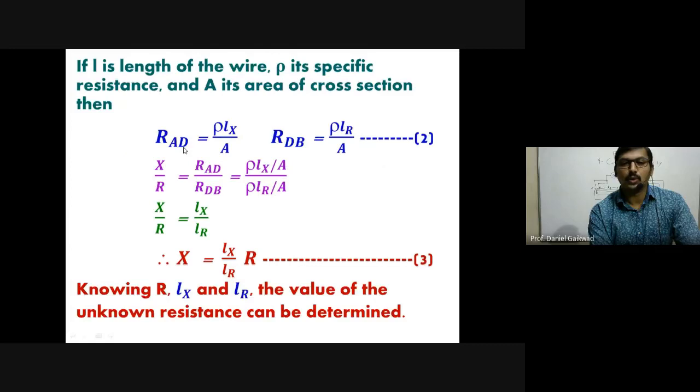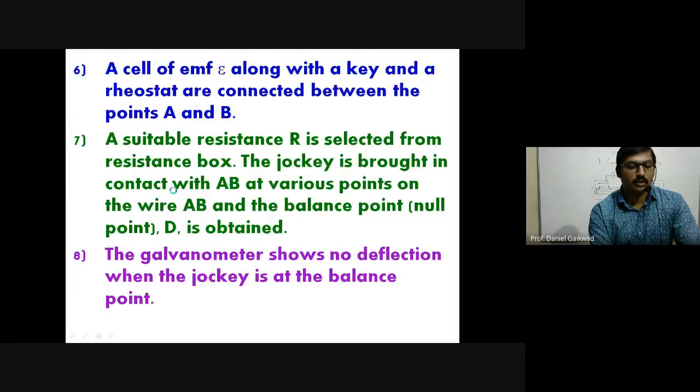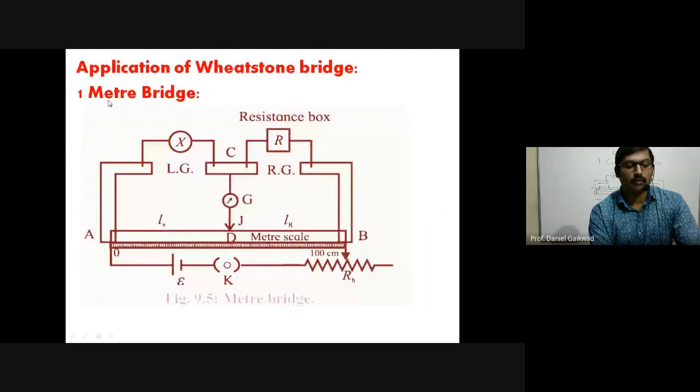RAD is equal to rho LX divided by A, and RDB is equal to rho LR divided by A. That is the formula we learned in 11th standard: resistance is directly proportional to length and inversely proportional to cross sectional area, and the proportionality constant rho is called resistivity. Taking the ratio RAD divided by RDB, rho and A get cancelled, giving LX upon LR in the meter bridge topic.